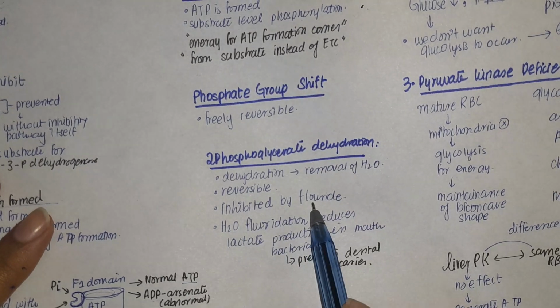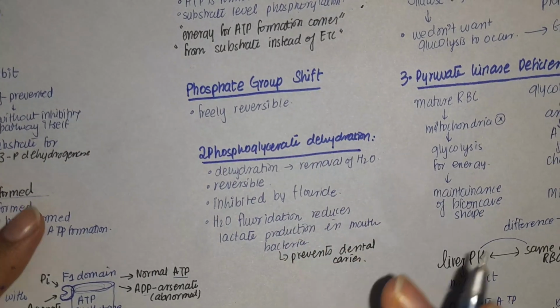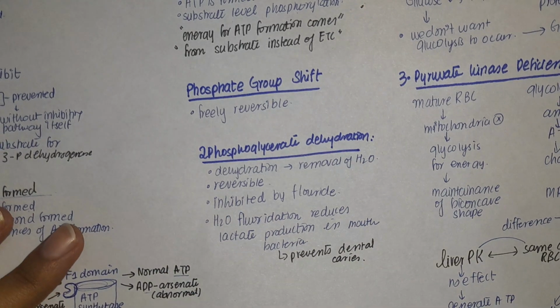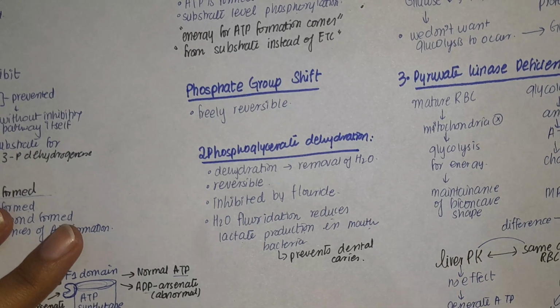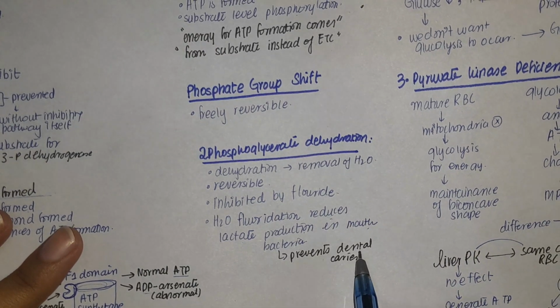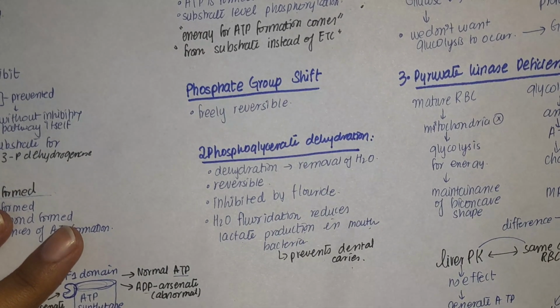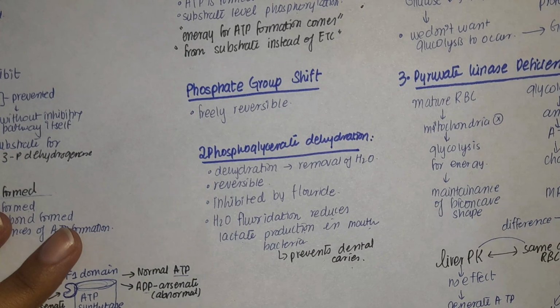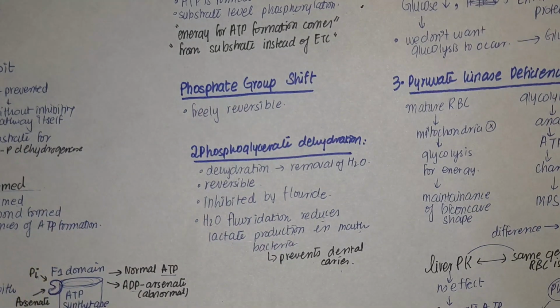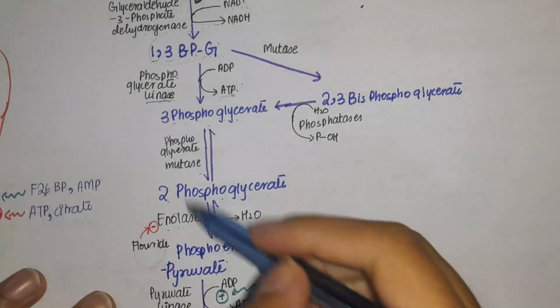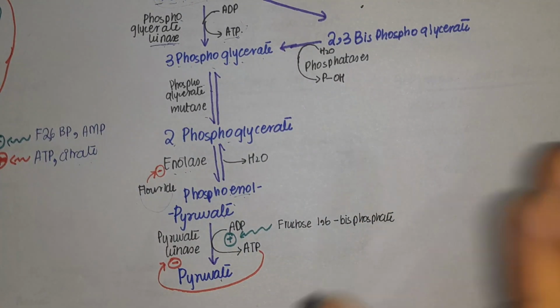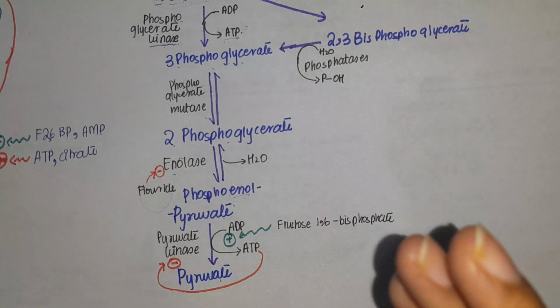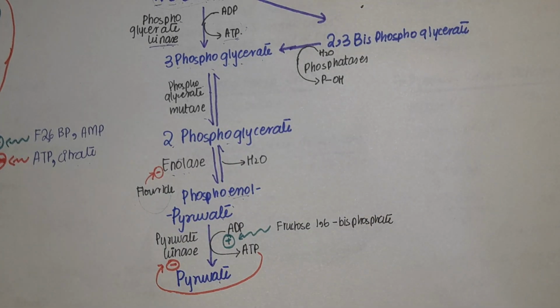Also, it is inhibited by fluoride, and whenever you do the water fluoridation that takes place in certain countries like the USA, the lactate production in mouth bacteria is decreased, and it also prevents dental caries. So this lactate production can be decreased by water fluoridation because fluoride is going to inhibit the whole pathway, and from here the pyruvate cannot be converted into lactate, and hence water fluoridation is going to prevent dental caries.